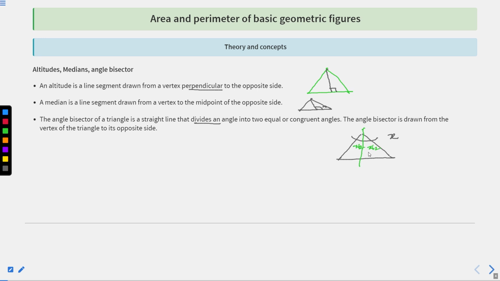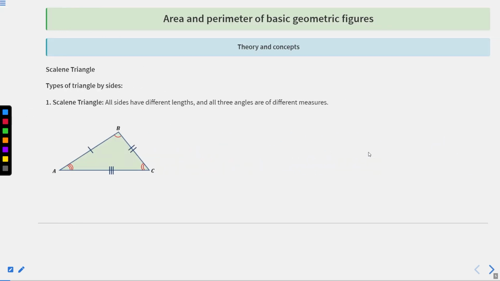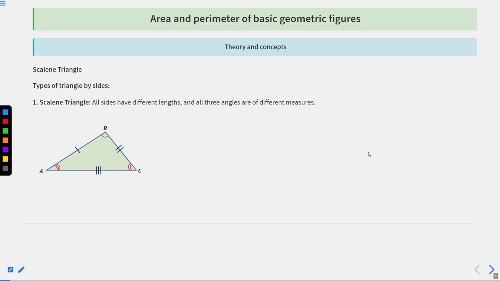So whenever a question mentions that this line is a bisector, that means it divides the angle into two equal parts. Okay, so let's discuss the various types of triangles.